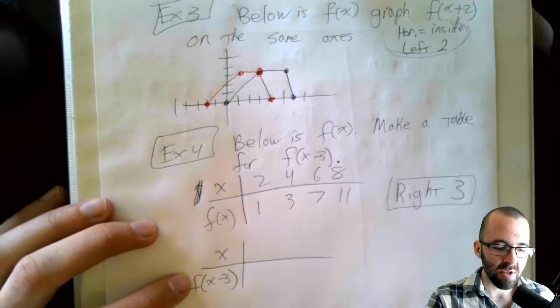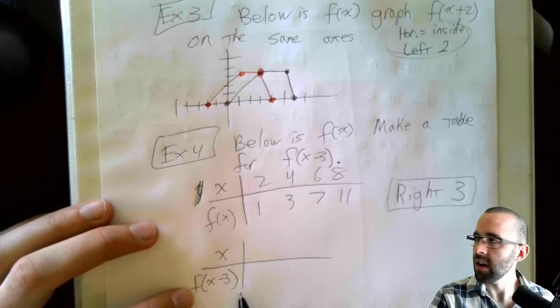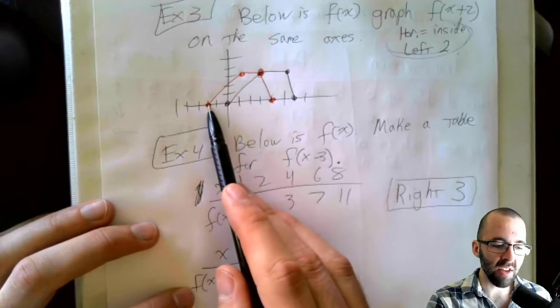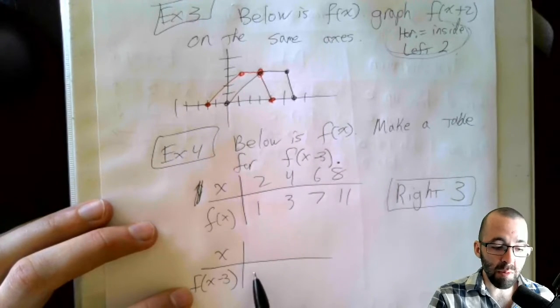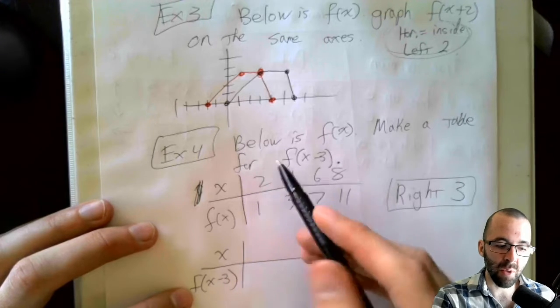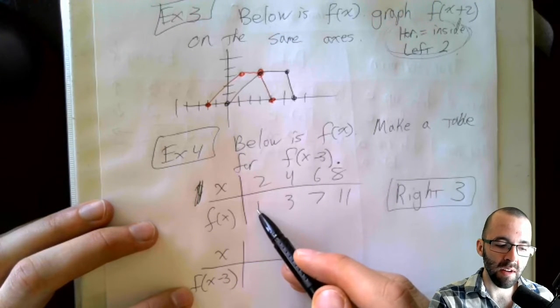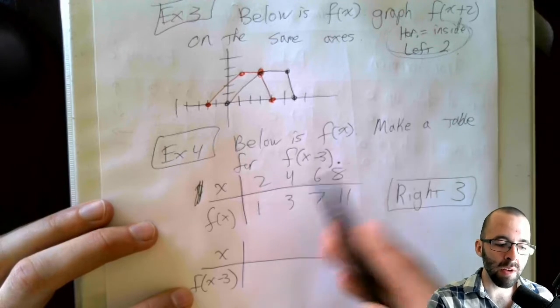So if we're moving things to the right, we're not changing the y value at all, right? Just like example 3, we didn't change any of the y values of these red dots, only the x values. So similarly, we're only changing the x values here. If we have the point 2 comma 1, it gets moved right 3 units.